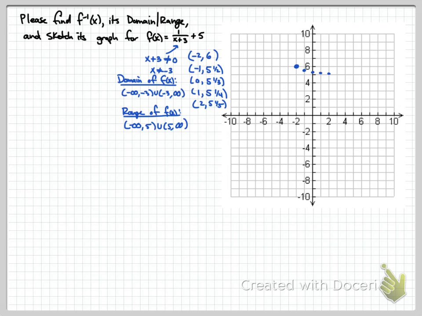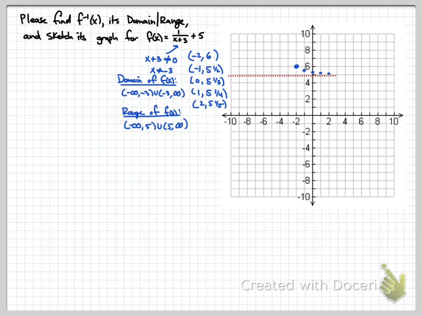And as x becomes increasingly larger, y is going to get closer and closer to 5, right? 6, 5.5, 5.33, 5.25, and so on. You could go forever and ever. And I think that means we have a horizontal asymptote right at that horizontal line, y equals 5.